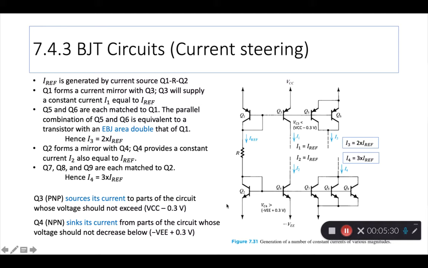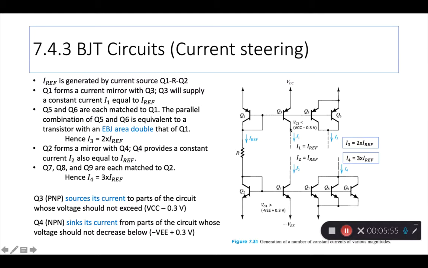Lastly, we talk about the importance of the saturation condition, keeping them in the active region, because these are BJTs. Q3 sources its current. Q3 is pushing current I1 into a load. It sources its current to parts of the circuit whose voltage should not exceed VCC minus 0.3.